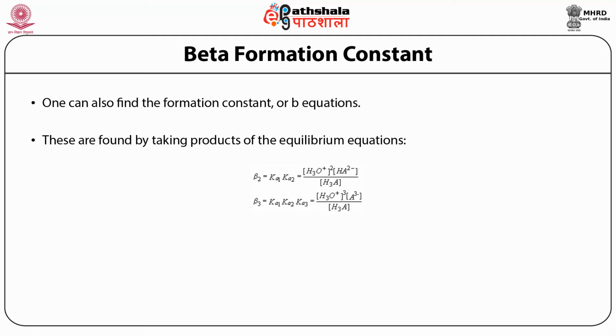Similarly, beta 3. The Ka and beta equations give concentrations of the conjugate bases in terms of only Ka's and H3O+.